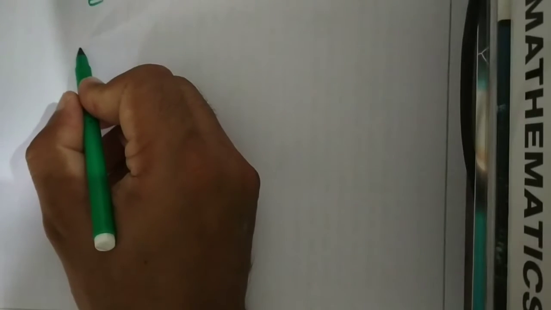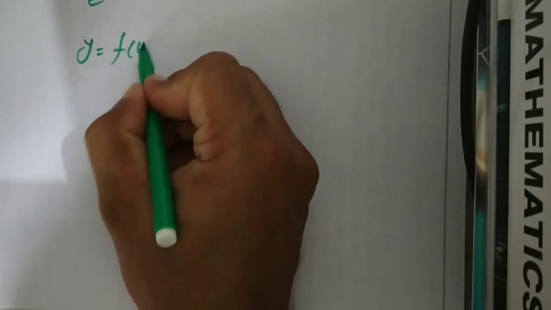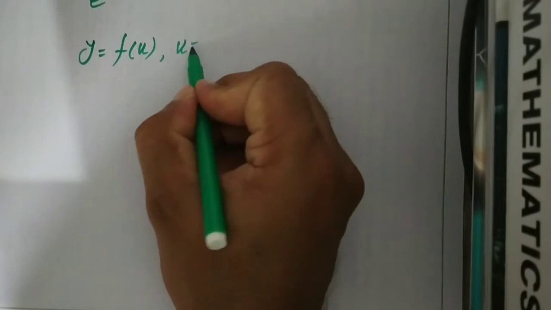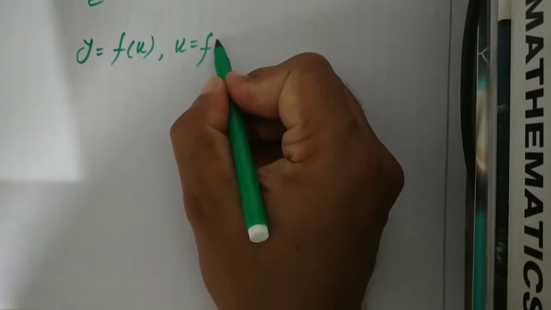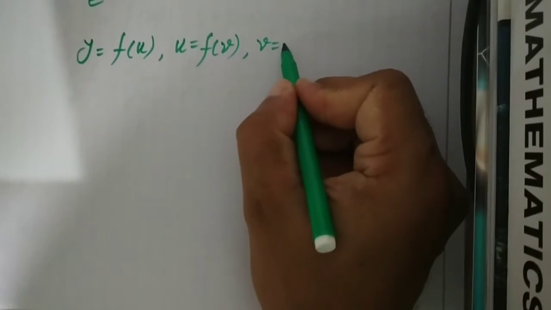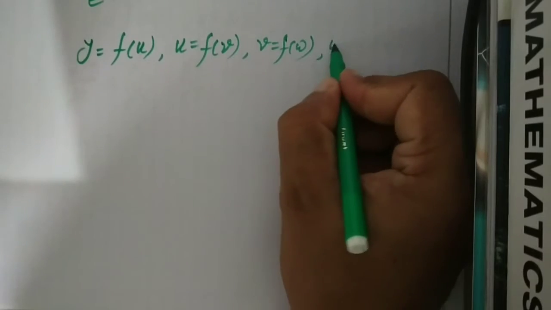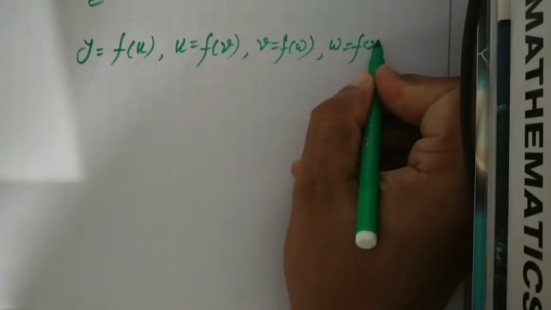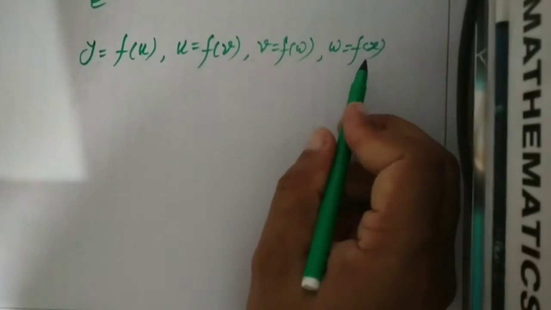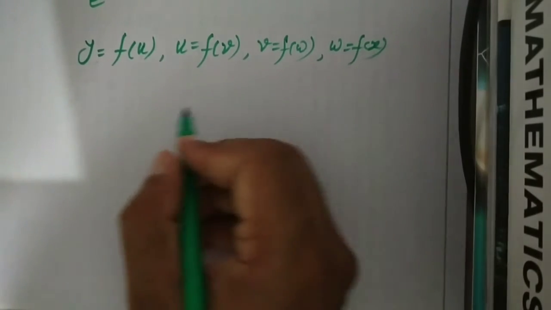If y is a function of u, and u is a function of v, and v is a function of w, and w is a function of x, then ultimately y is also a function of x through composition.